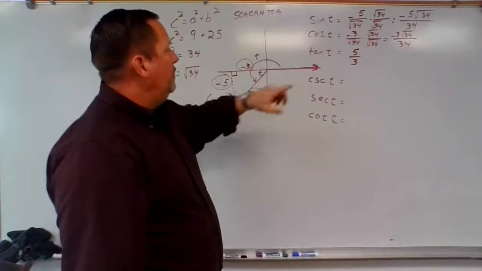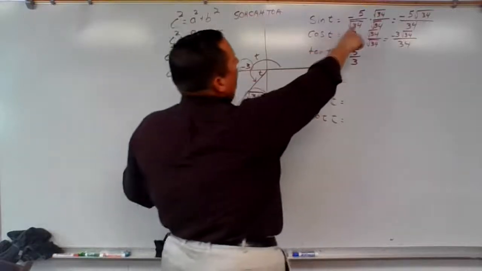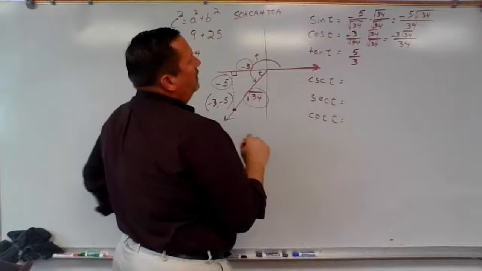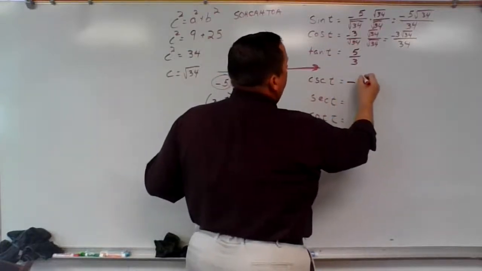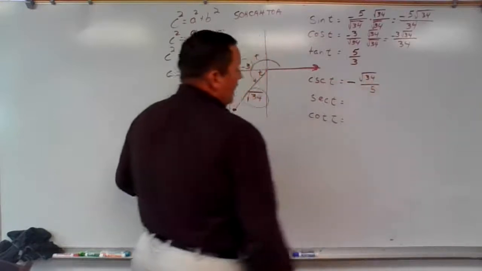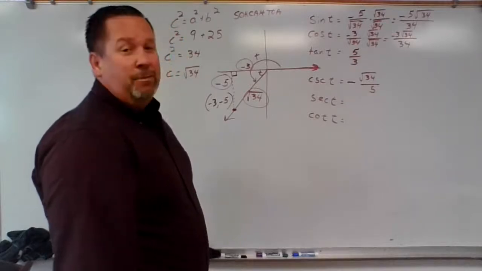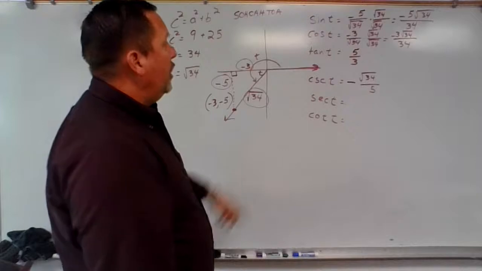Let's go to cosecant. Let's go right here, right at the beginning. Flip that, root 34 over negative 5. I can put the negative out in front if I want. And I don't need to clean that up. I can't reduce it. I'm really happy with that. Okay. Secant is the flip of cosine.